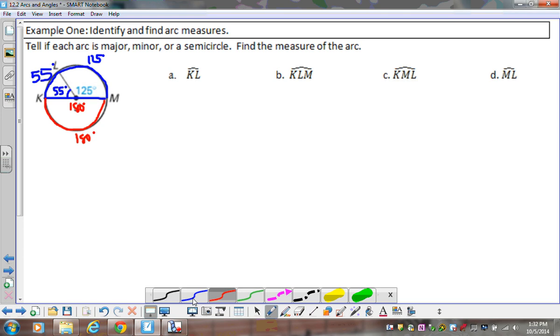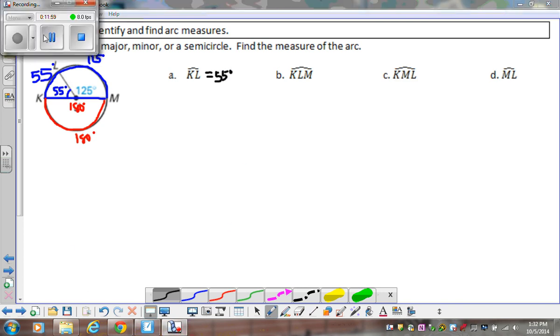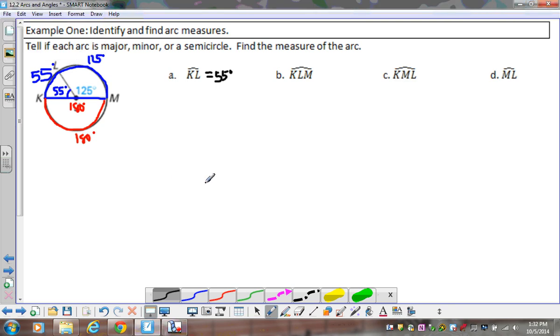All right, so first one, it says the measure of arc KL. Well, here's arc KL right here. We already found it to be 55 degrees.